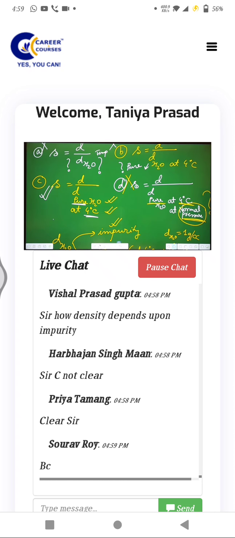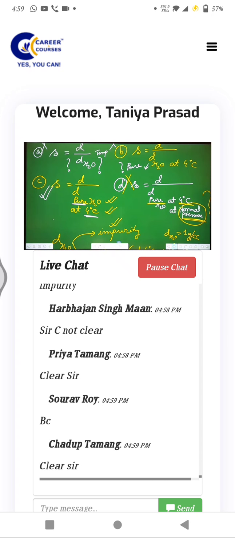We have to make sure which water we are considering. The density of water will remain fixed if we consider it as a pure one. Pure water means distilled water at 4 degrees Celsius having density equal to 1000 kg per meter cube. I think now it is clear.